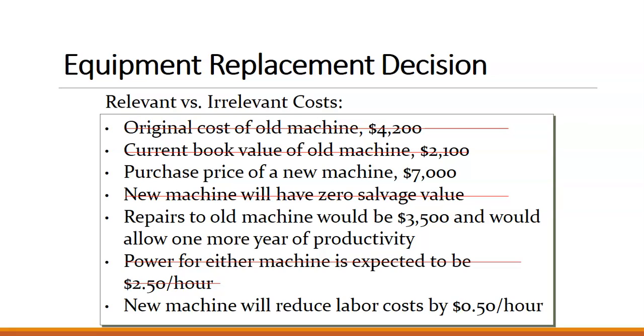The other thing that is relevant is that we can repair the old machine, which would allow it to work for 1 more year. And that repair cost is half the cost of the purchase price. So then we need to determine which one of these is the better option, repairing the old machine or purchasing a new machine.